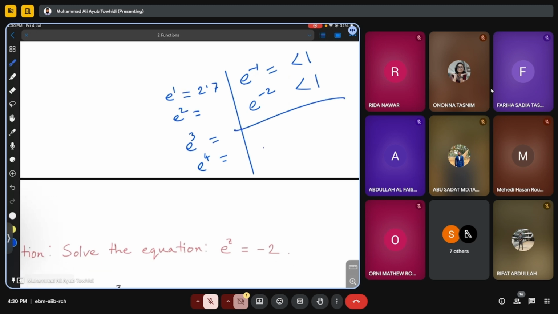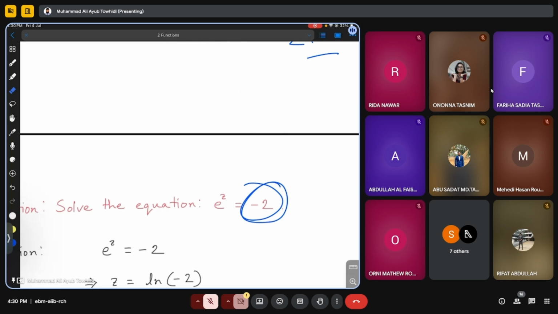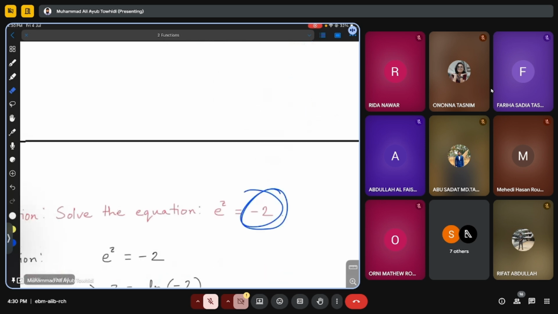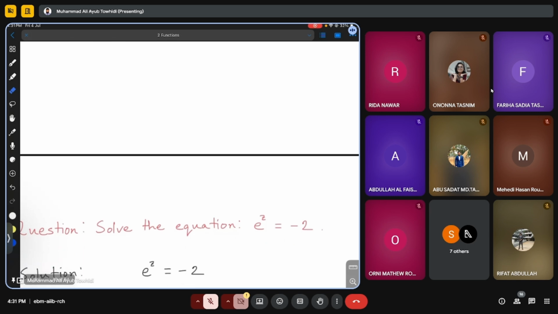But whenever you take some complex number, say 1 plus i, or plus or minus 1 plus or minus i, different combinations, then it is possible to have negative answers as well. So just by looking at the negative sign, don't think it is absurd. No, it is not absurd. It is possible in the context of complex numbers. So how to solve this equation? e to the power z equals -2.